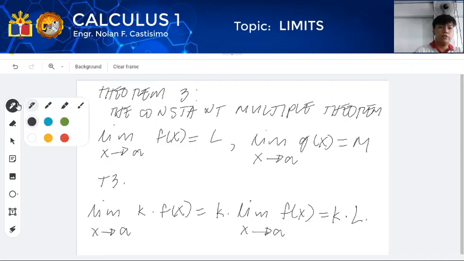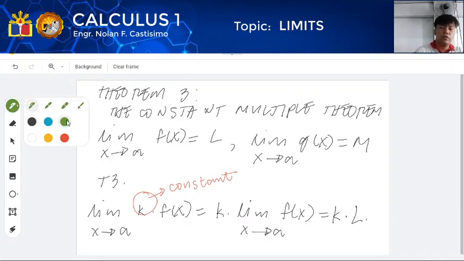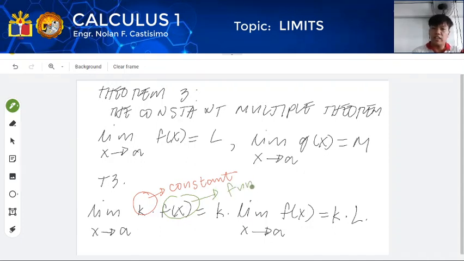So, palitan natin. Reminder ko lang, itong K na to ay isang constant. Then, yung f of x na ito, yan yung function natin. Oh, alam nyo na kung ano yung function.